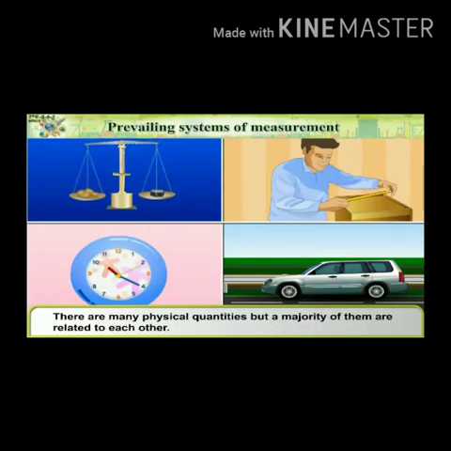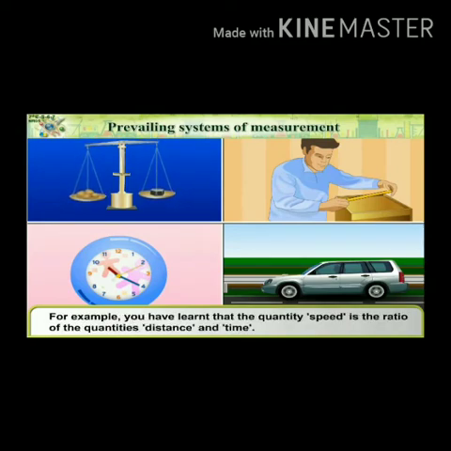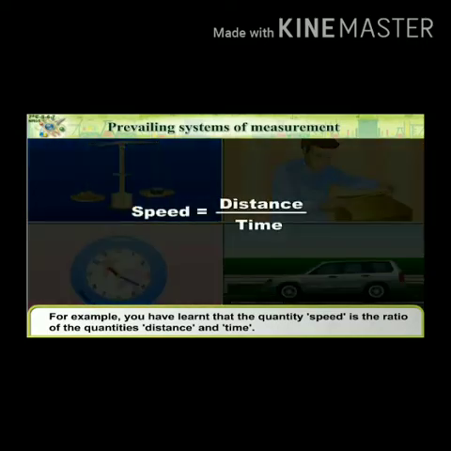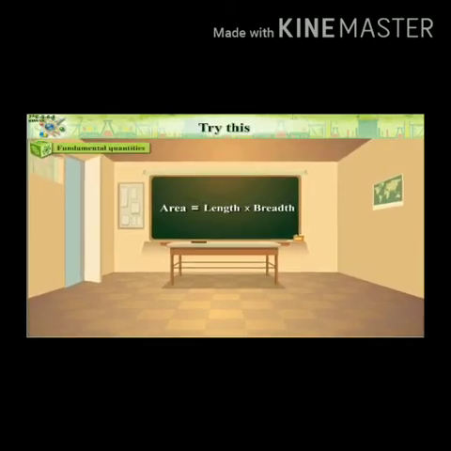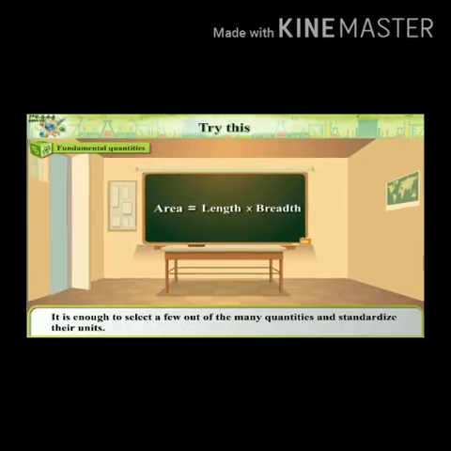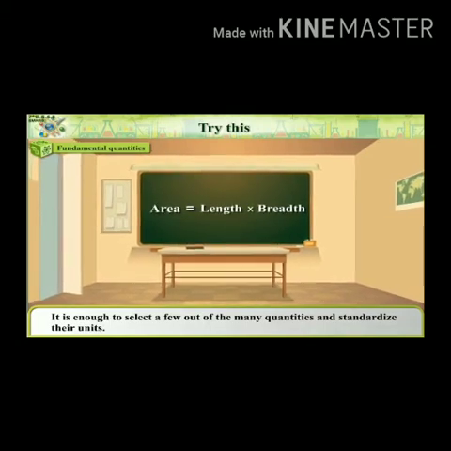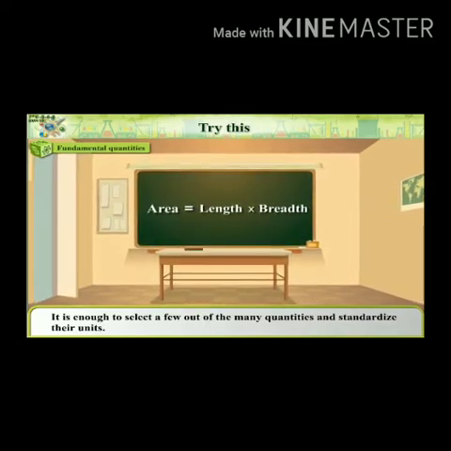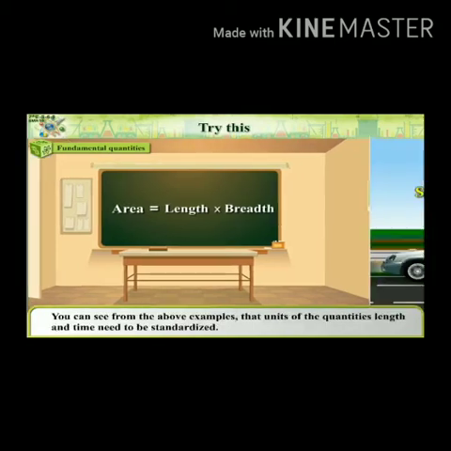There are many physical quantities, but a majority of them are related to each other. For example, you have learned that the quantity speed is the ratio of the quantities distance and time. Now we will see fundamental quantities. It is enough to select a few out of the many quantities and standardize their units.